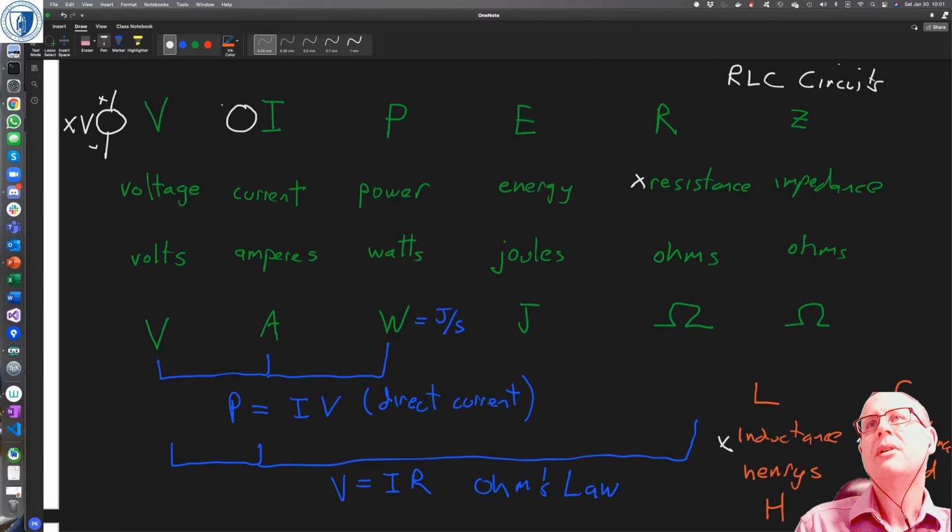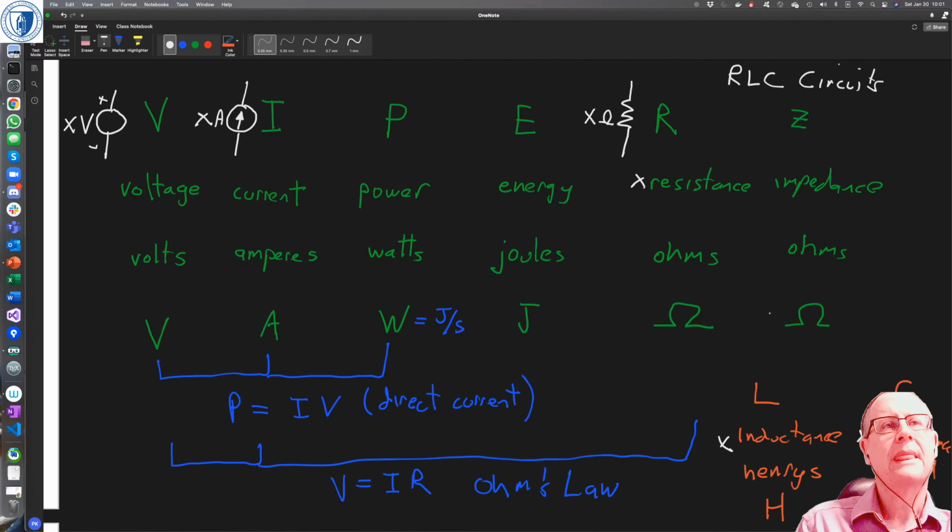You may also have a current source, which looks like this, and that would have the amperage, X amps, beside it. A resistor is drawn like this, and it's going to have X ohms beside it.